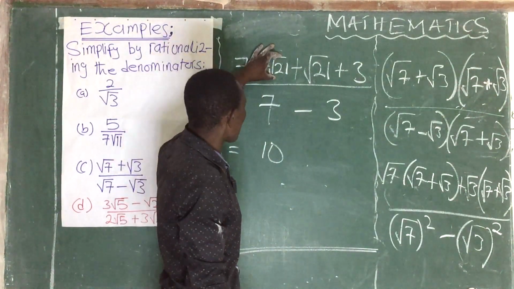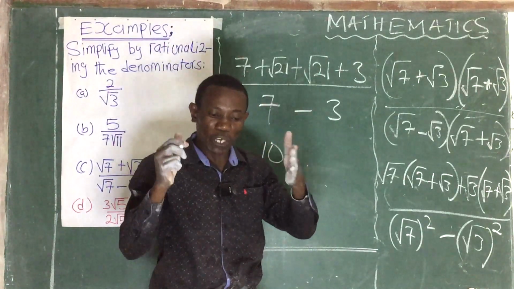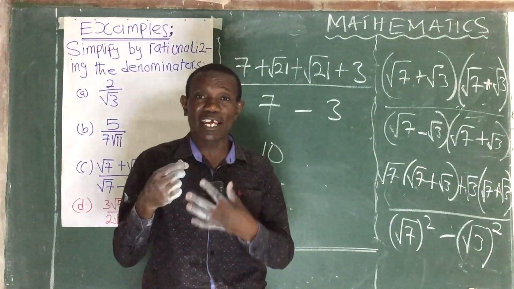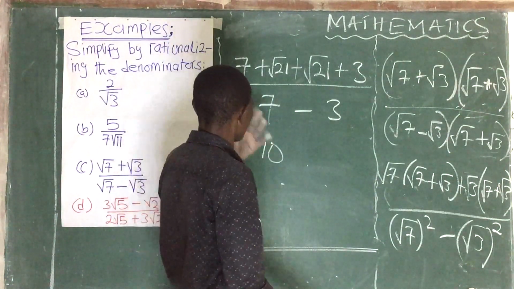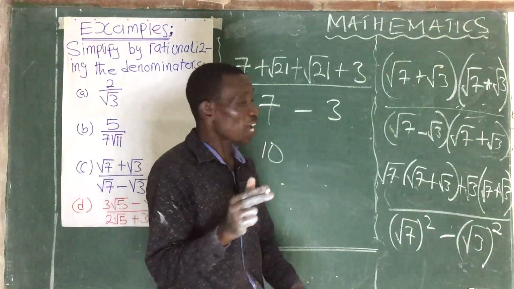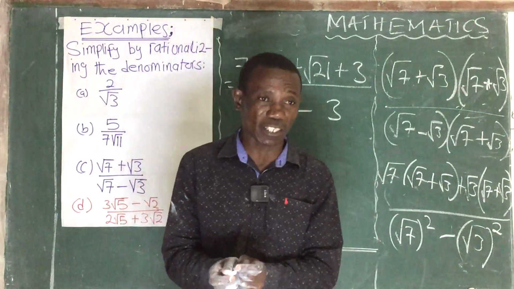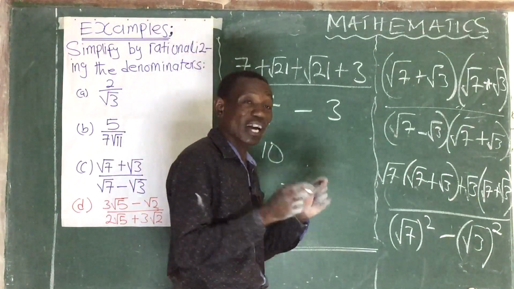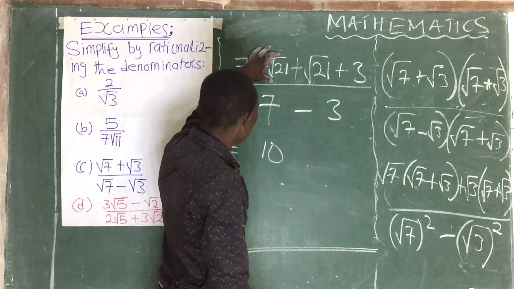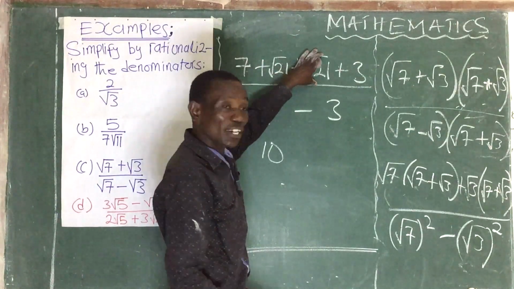And if you look at this side and that side, by what we discussed in that previous video about like and alike surds, we said that surds which are alike can be recognized by the irrational factor. Do they have the same irrational factor? If they do, then those are like surds. In this situation we have root of 21, an irrational number, and root of 21, an irrational number.